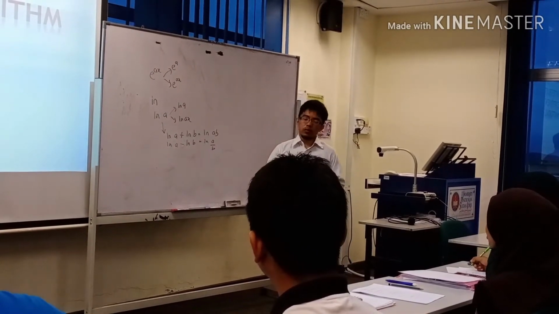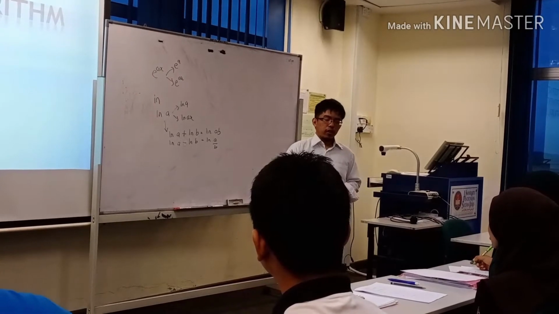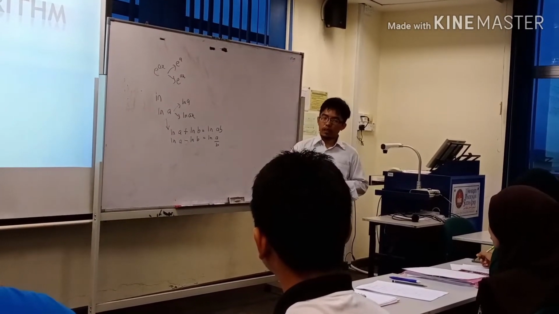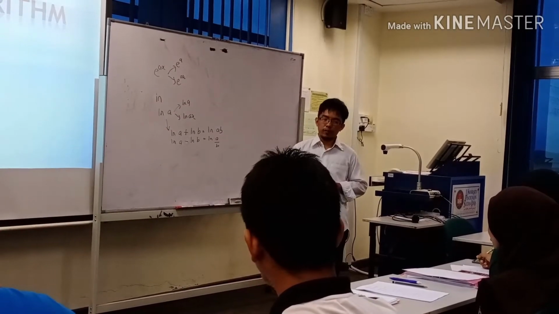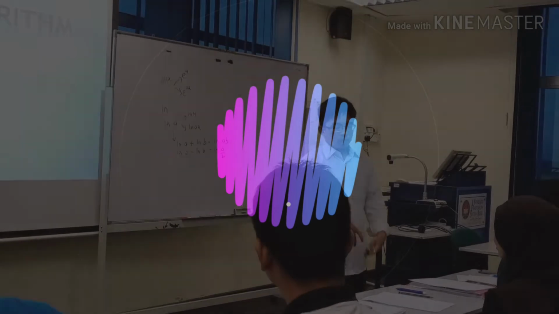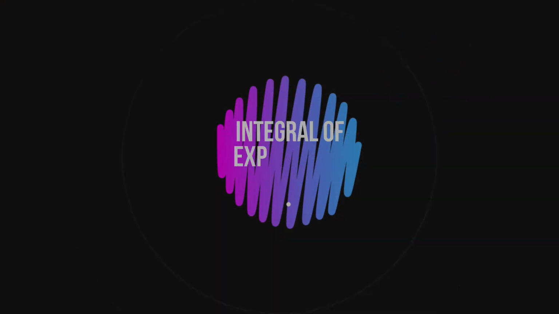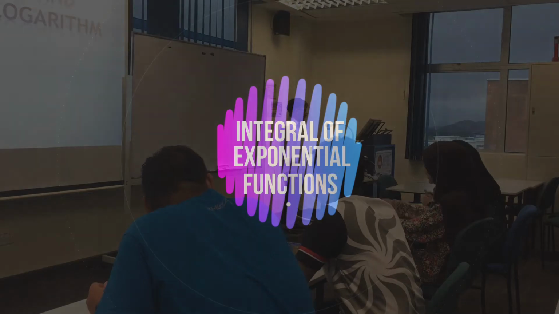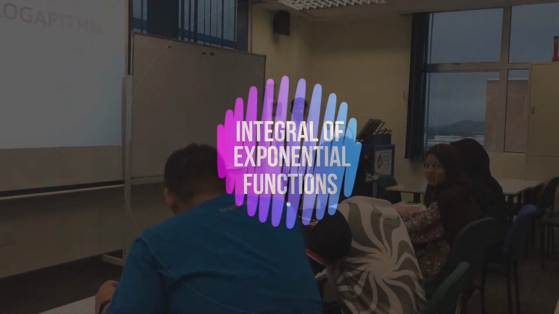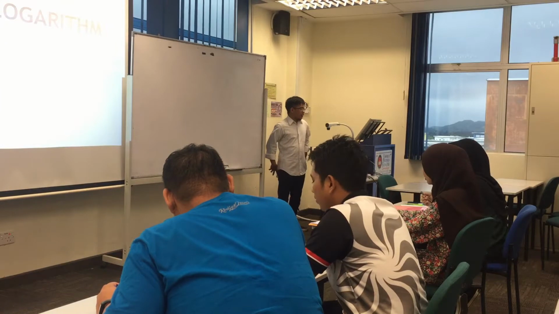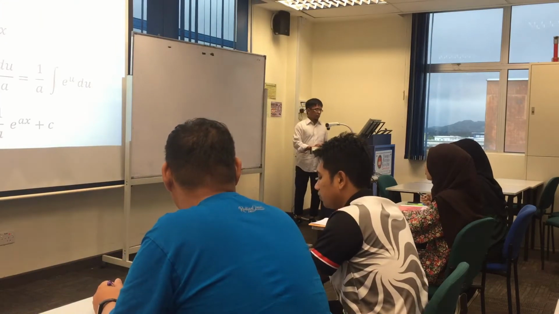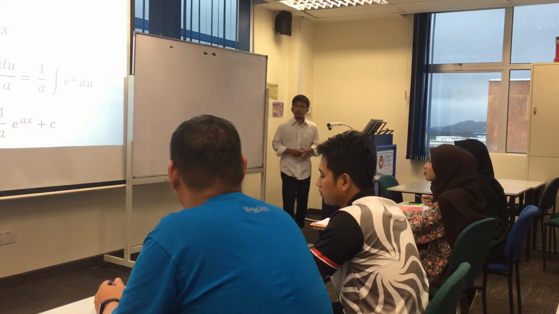Now we will start the next phase, where we will learn about two parts of exponential and two parts of natural logarithm. So I'll continue the lesson, and I'll be teaching you about the exponential function.